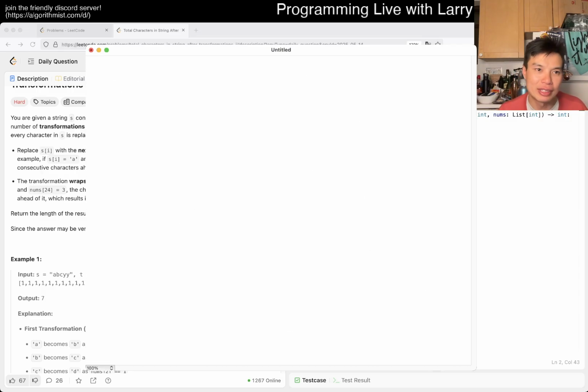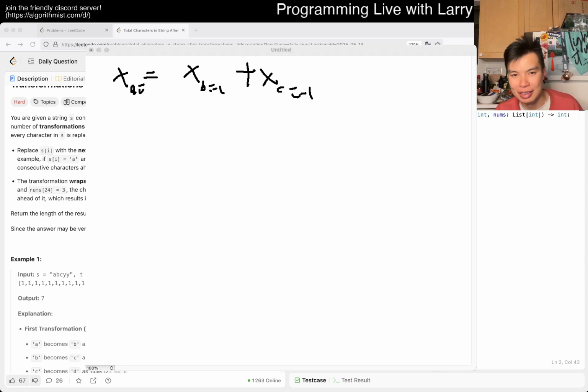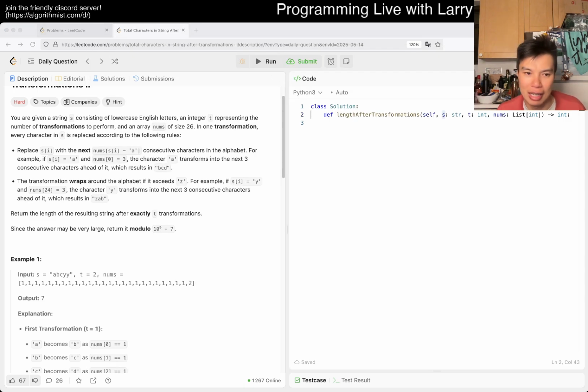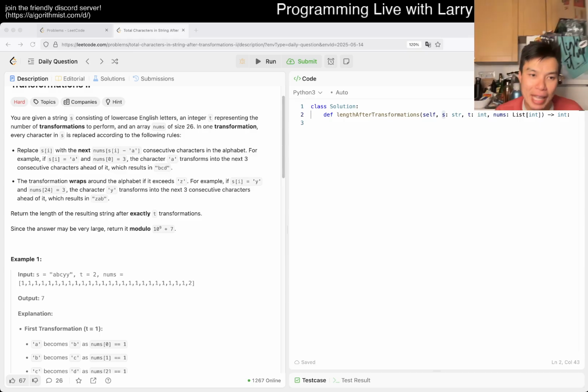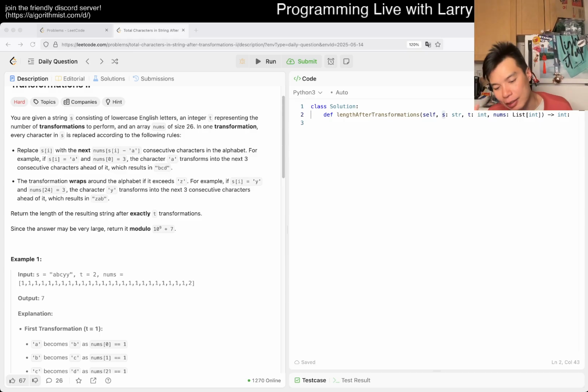Then for x sub a, equal to say x sub a sub I, let's say you want the next two, then it's just going to be x sub b, I minus 1, plus x sub c, I minus 1, right? Something like that. So that's basically how you set it up, and then you just do your matrix multiplication. Oh yeah, and now you have matrix and multiplication, and let me actually bring back the thing real quick.